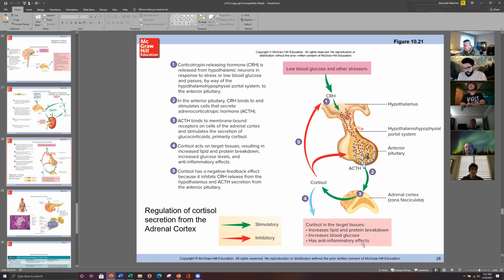Then a mass extinction event occurs, and mammals were able to go out of our burrows. We go from being nocturnal to diurnal animals, and we're able to take advantage of all these new ecological niches that are arising. So the idea is that cortisol initially evolved as a hormone for us to recognize when we're potentially going to be eaten by a predator.